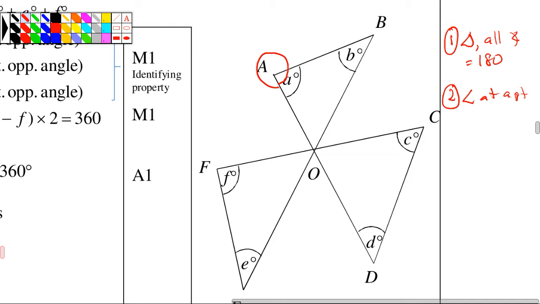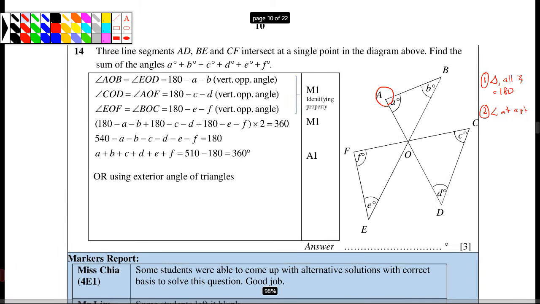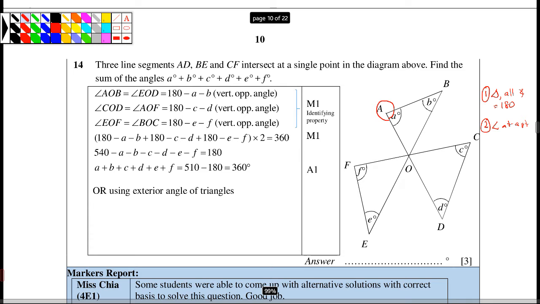360. So then now I'm ready to write down. So what do you write? Vertical opposite. Whoa, so many vertical opposite angles. I want to find the sum of all the angles.